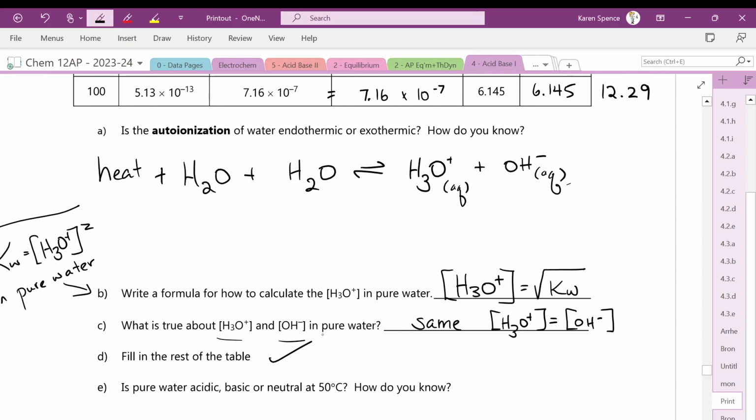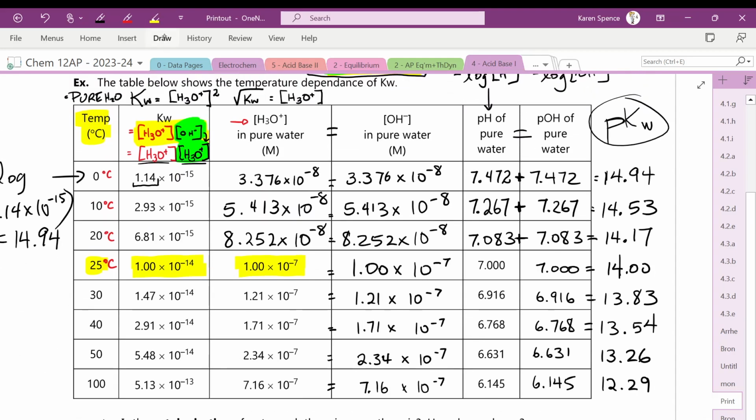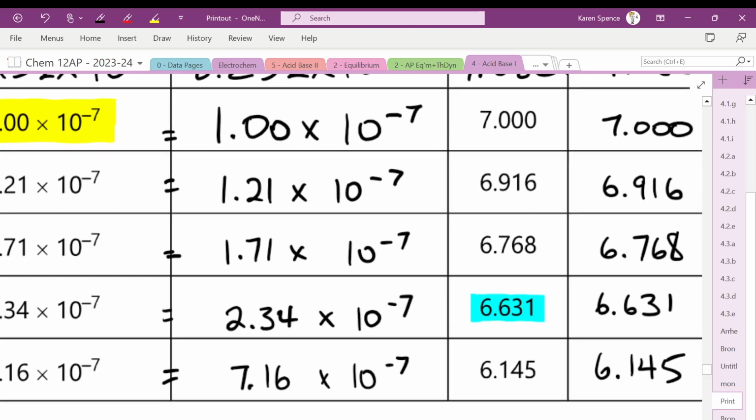We have filled in the rest of the table. Now, at 50 degrees Celsius, is water acidic, basic, or neutral? So we're going to take a look. Here's 50 degrees Celsius. And we have a pH of 6.631. Does that make the solution acidic?